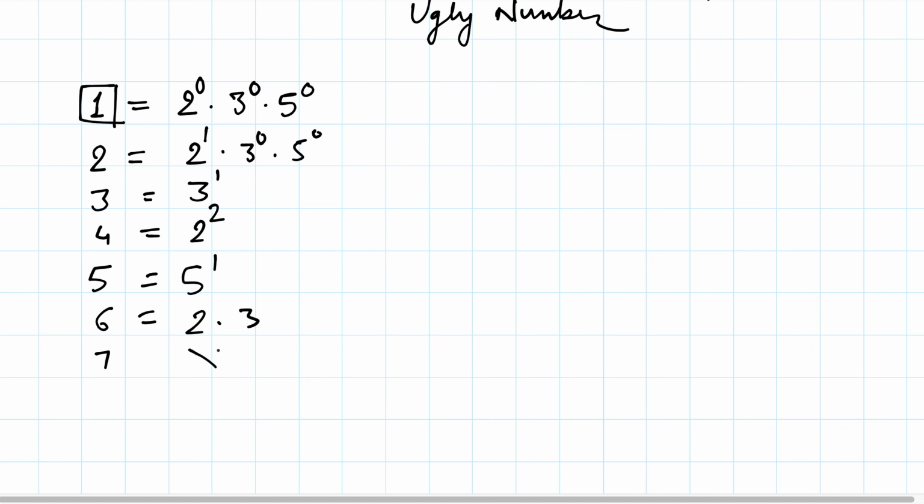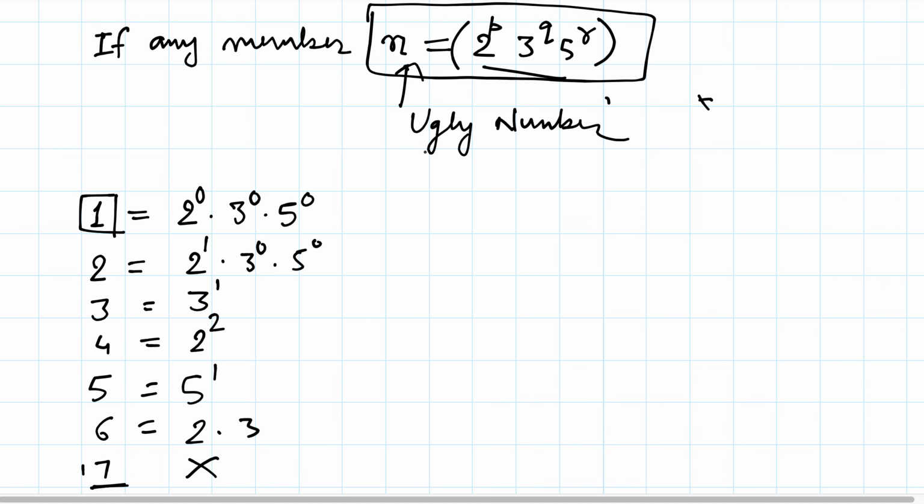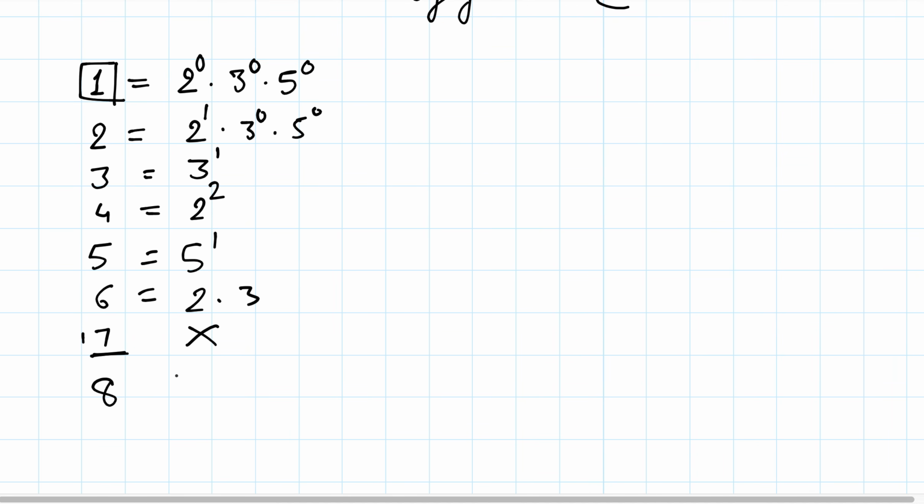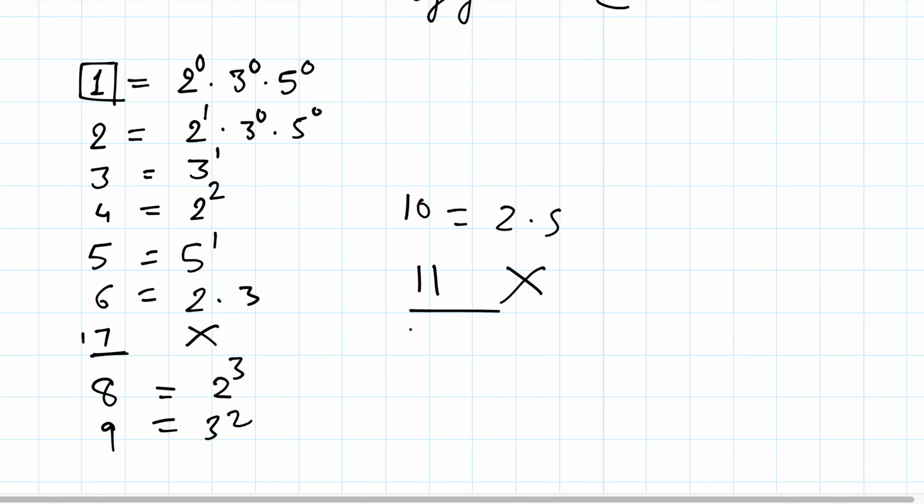7 we cannot represent, it's a prime number itself, so we cannot factor it out, and we have to just use 2, 3 and 5 as the prime factors. Now 8 is again 2 cube, then 9 is 3 square, then 10 is 2 times 5. 11 again is not ugly because we cannot break it into 2, 3, 5 and so on.